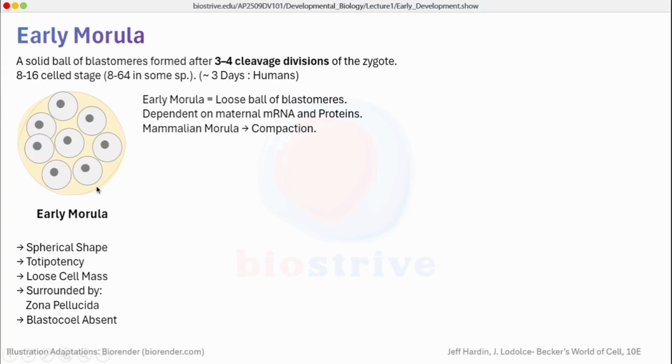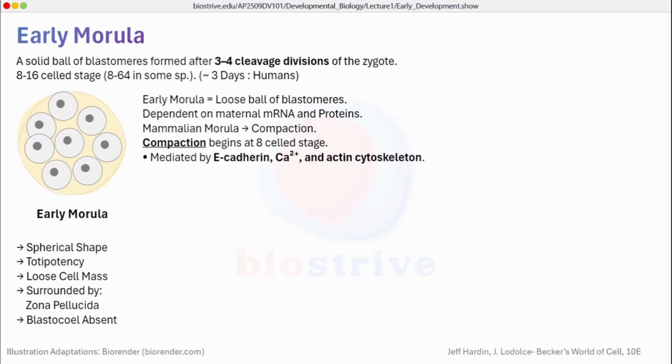This 8 cell stage of Morula will undergo compaction. Now compaction is the process by which this loose mass of cells will become an arranged or compact structure, which will ultimately lead to formation of a late Morula and respective Blastula. Now this compaction process will start with the 8 cell stage in case of humans, and it may vary with the species.